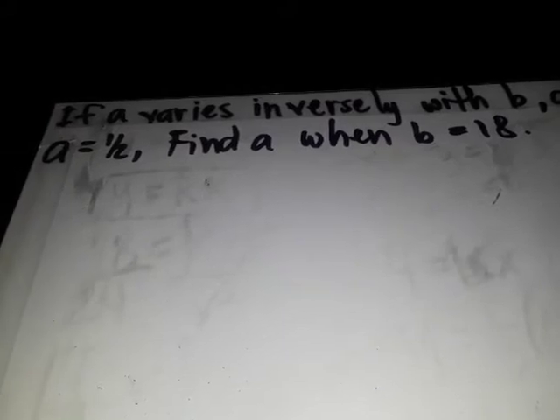Okay, example number 2, we have here: if A varies inversely with B and B is equal to 4 and A is equal to 1/2, find A when B is equal to 18. So, the first example is direct variation.